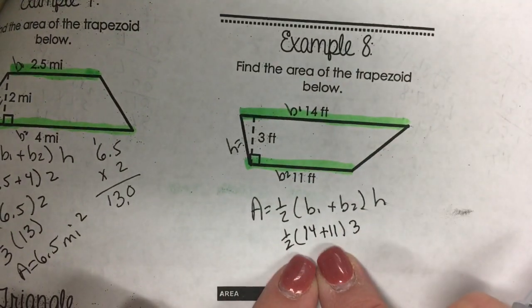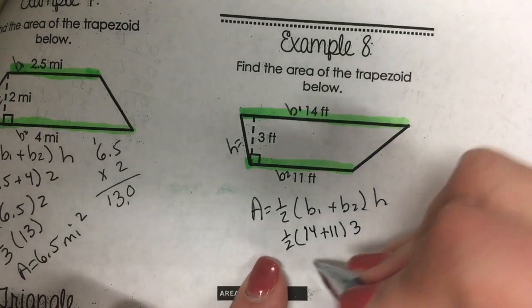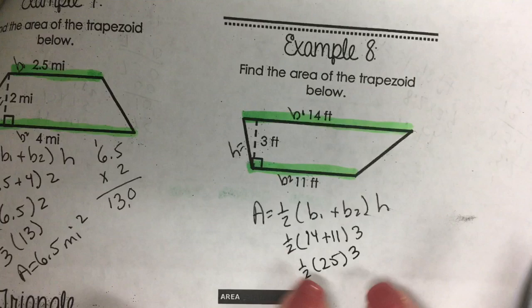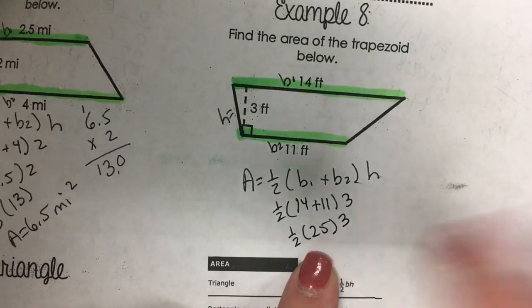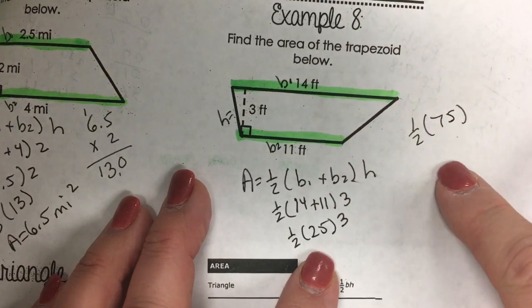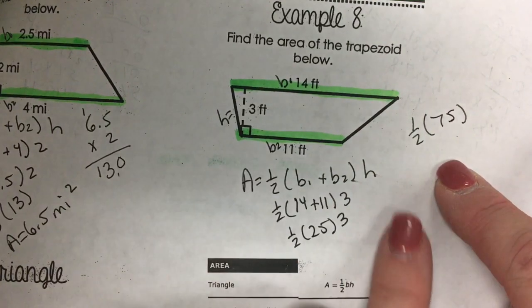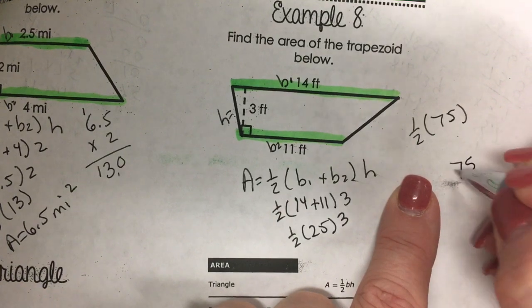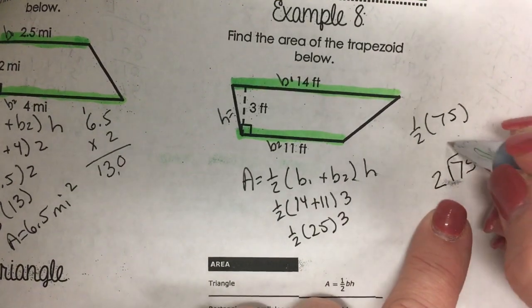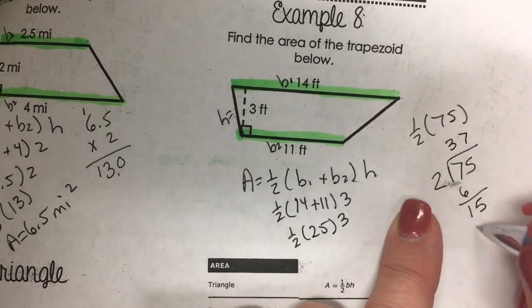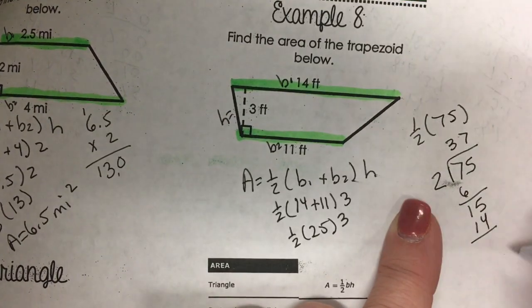So 14 plus 11 is going to be 25. So I have half of 25 times 3. 25 times 3 is 75. And then I'm going to take half of 75. Multiplying by 1/2 is the same thing as dividing by 2. 2 goes into 7 3 times. 2 goes into 15 7 times.